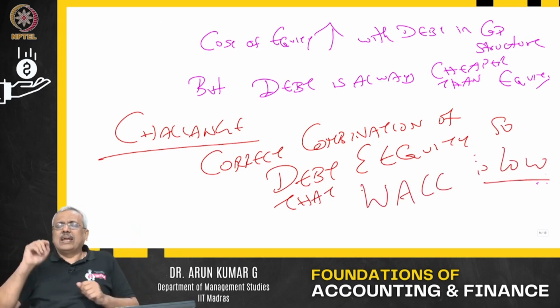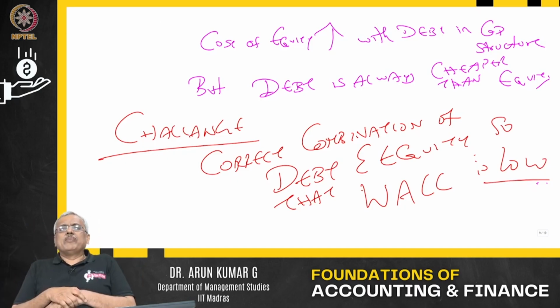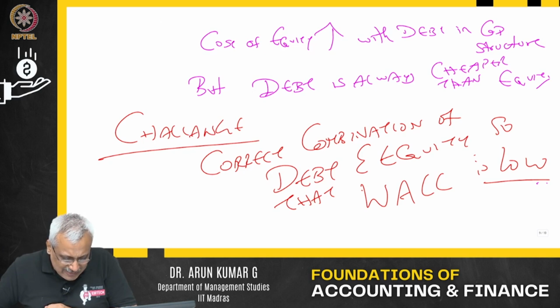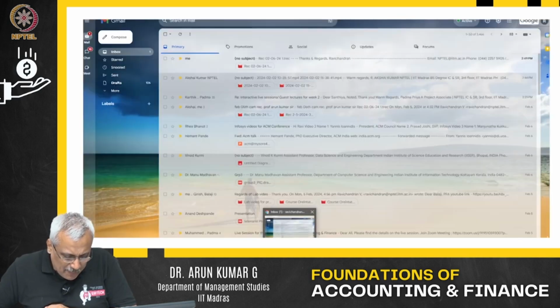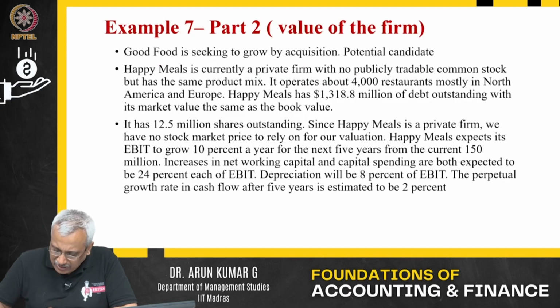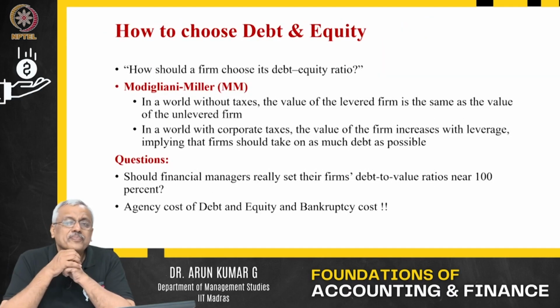If you have some combination of debt and equity, your cost of capital is at the lowest point out there. So, getting that right combination of debt and equity is basically the challenge out there.